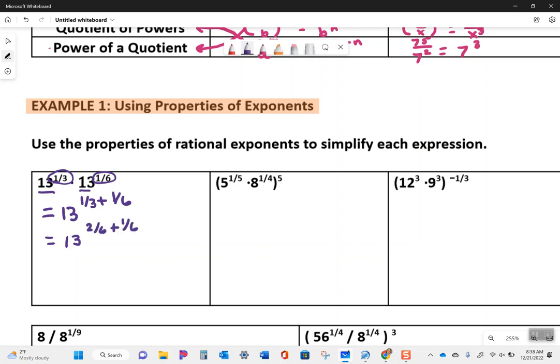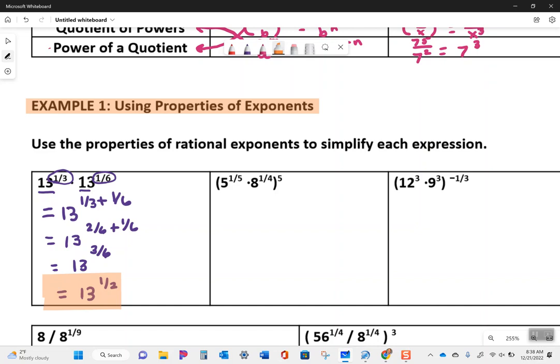You guys agree with that? But wouldn't this now be 13 to what power, friends? And 3/6 would reduce to what again? So in simplest rational form, this would be 13 to what power, kids? You guys all right with that?